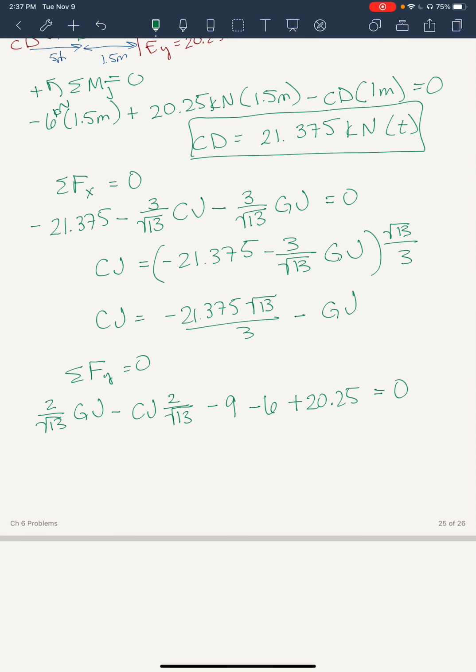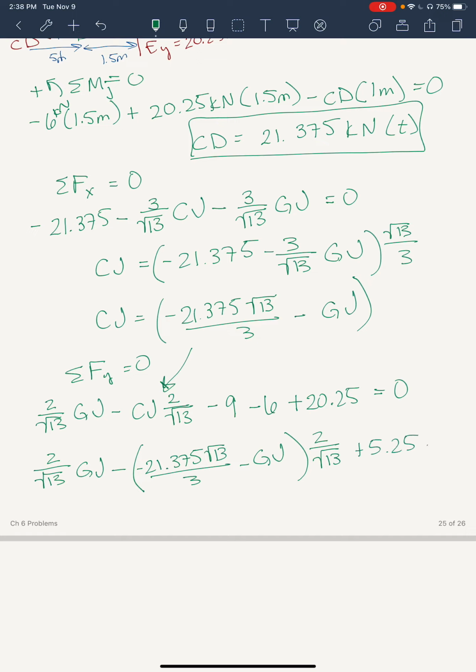And so then we basically get 2 over the square root of 13 GJ minus, and then I'm just going to plug this CJ into there. Minus 21.375 square root of 13 over 3 minus GJ times 2 over the square root of 13, and then minus 9, minus 6, and plus 20.25, so that'd be plus 5.25 equals 0.